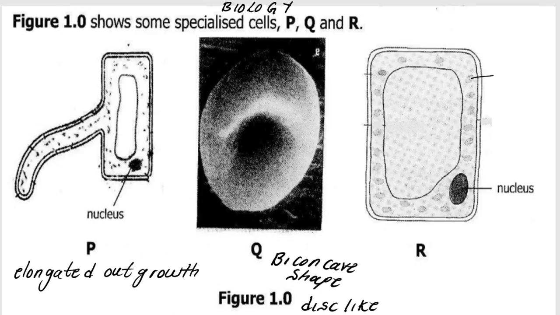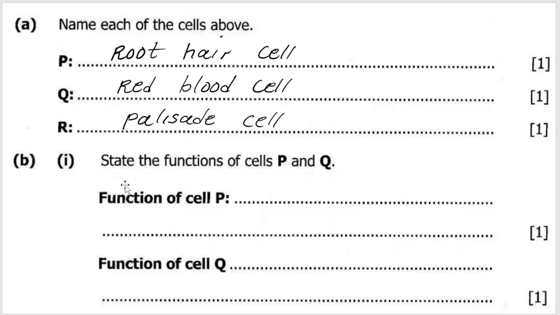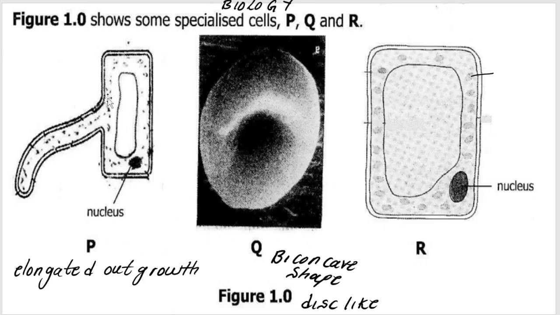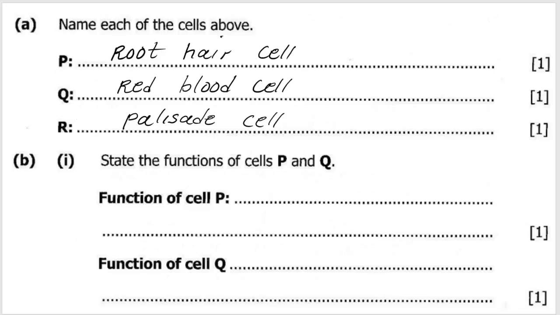Okay, so let us now go back to the questions they ask. State the functions of cells P and Q. So P, we said its function is to increase the surface area for absorption of water and mineral salts.